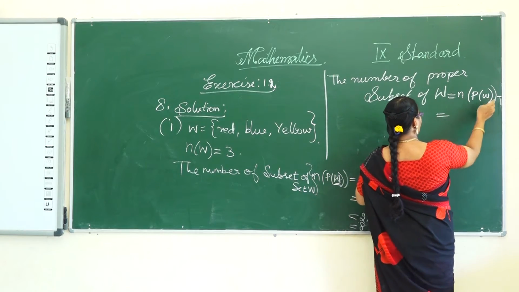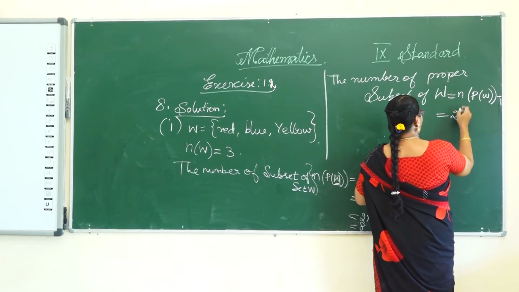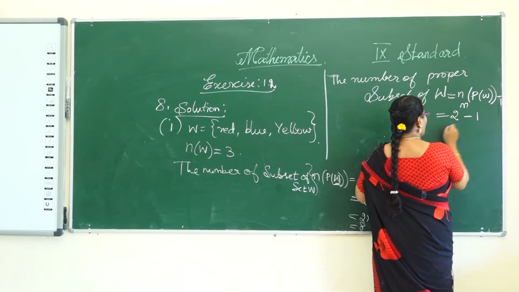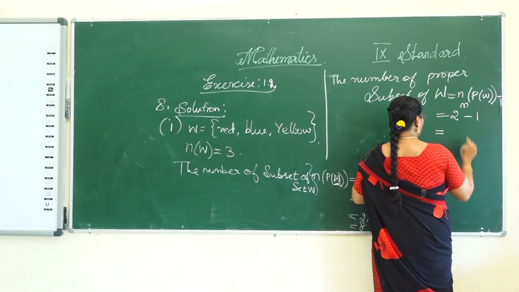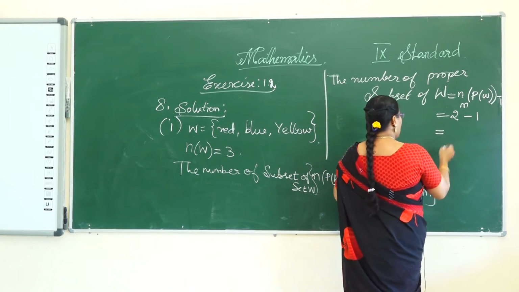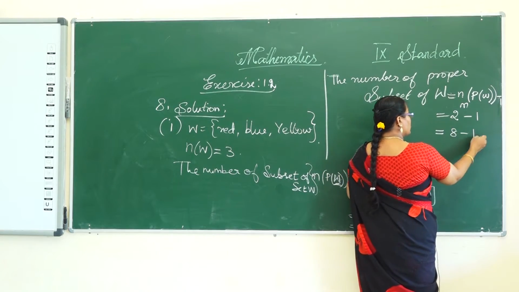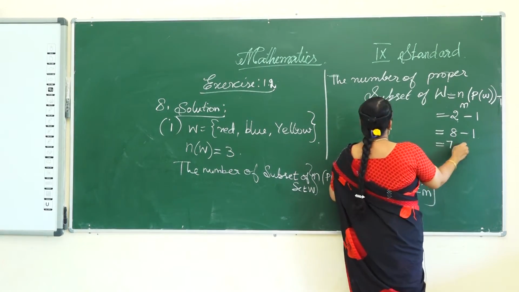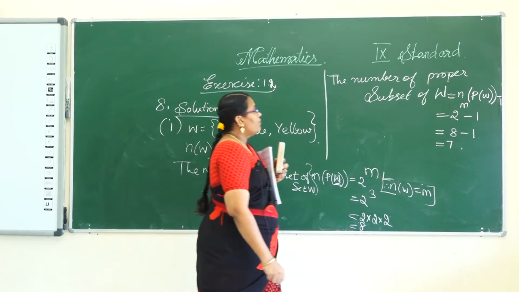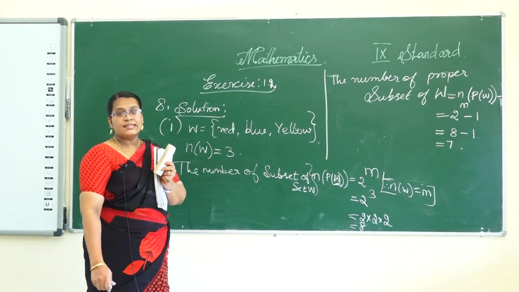So n of P of W means 2 power m minus 1. Already found the value of 2 power m. 2 power m value is 8. So 8 minus 1 is 7. So the number of proper subsets of W is 7.